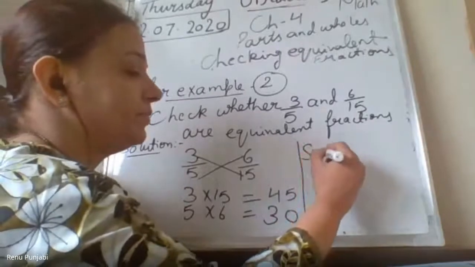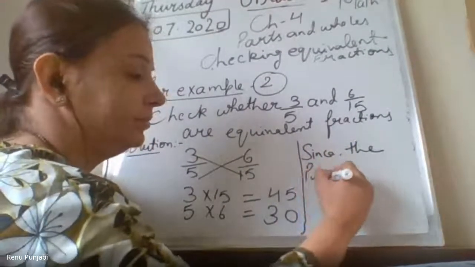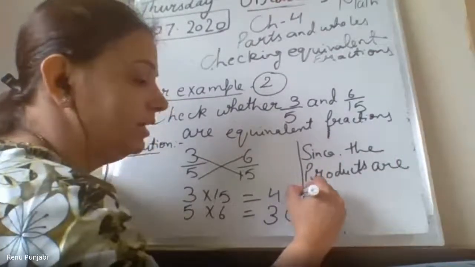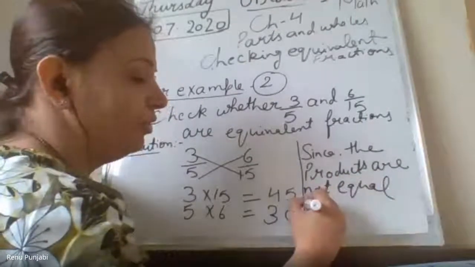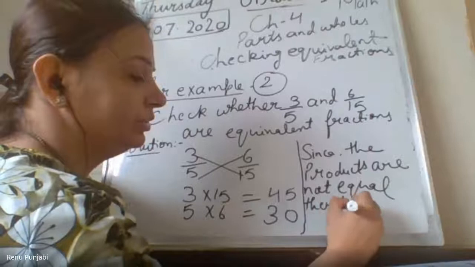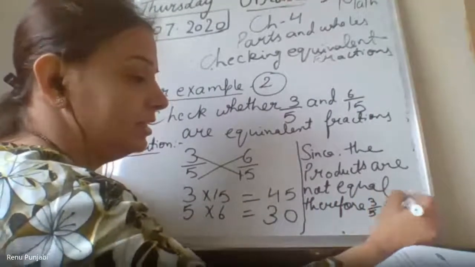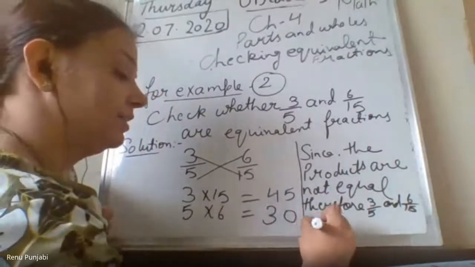Since the products are different, are not equal, therefore 3 upon 5 and 6 upon 15 are not equivalent.